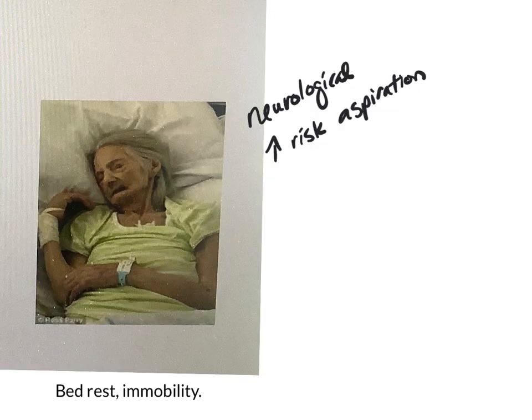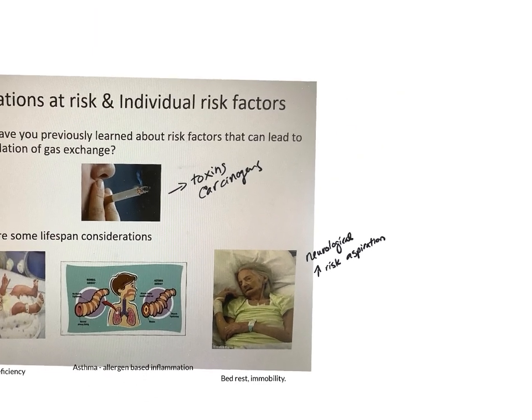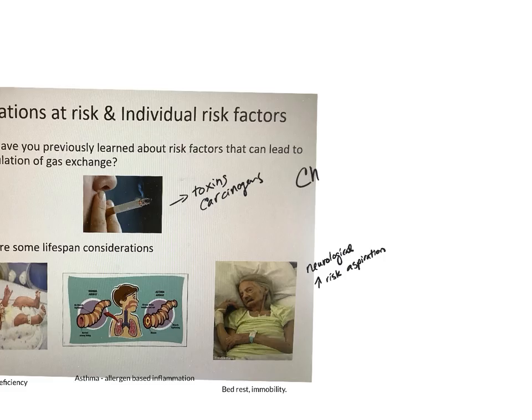Okay. And then there's also chronic diseases, such as cystic fibrosis. Cystic fibrosis impacts mucus production throughout the body, GI tract, pancreas, and in the lungs. And so it makes it really, really thick and sticky, harder to clear, and higher risk for infections.